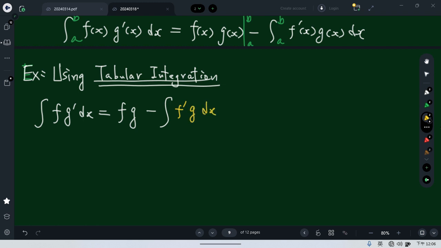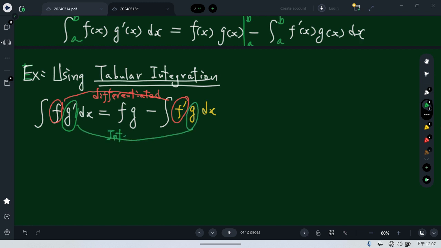So did you notice that from f to f prime is about differentiated, right? From g prime to g is about integrated.